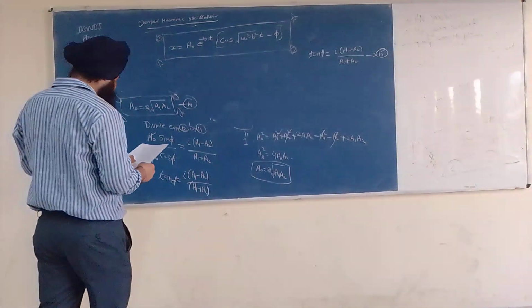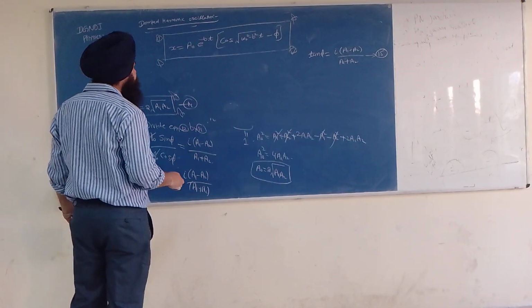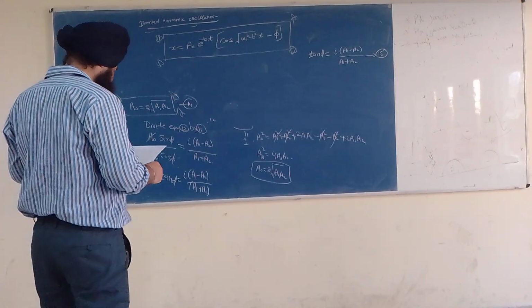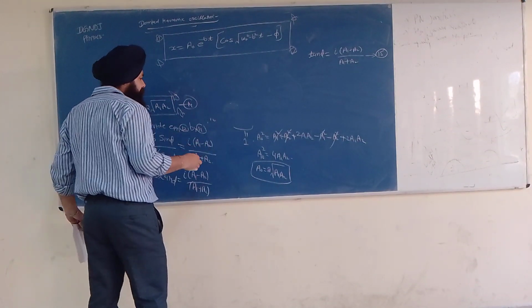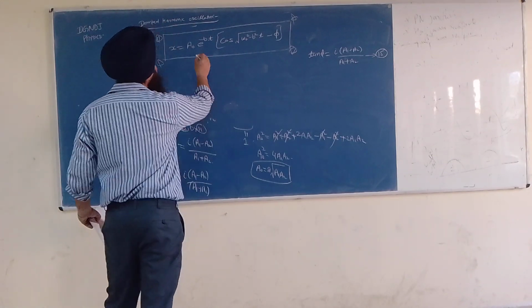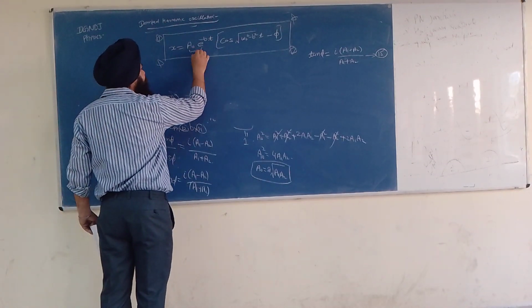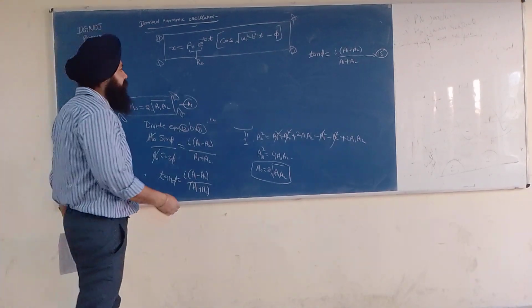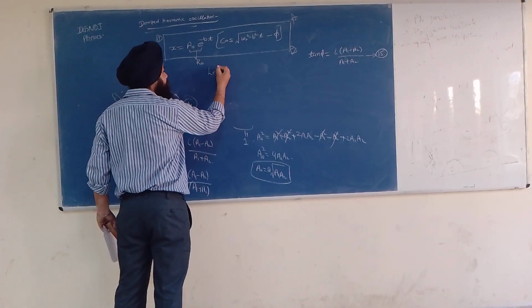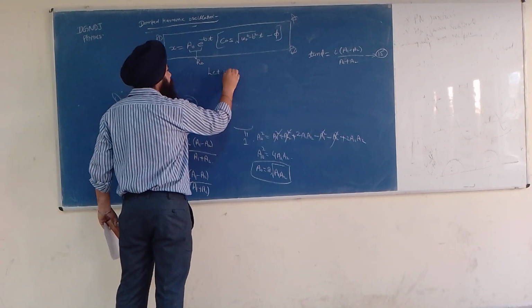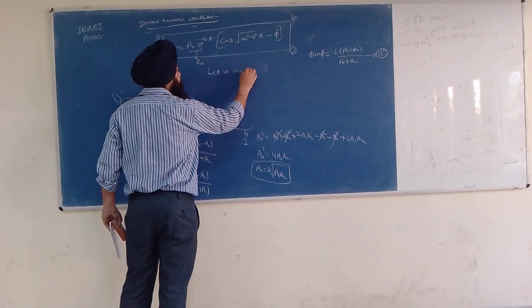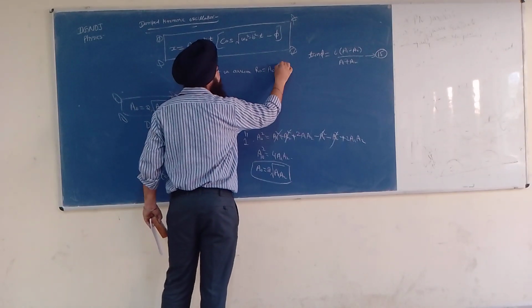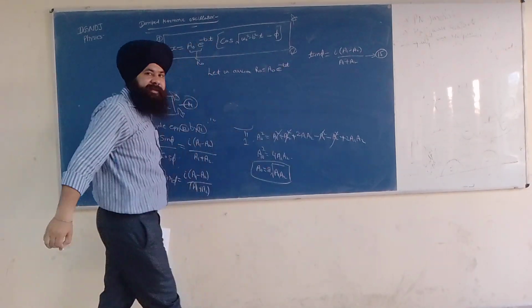So what's the value of r naught? What was the final equation? Let us assume r naught is equal to a naught into e to the power minus bt.